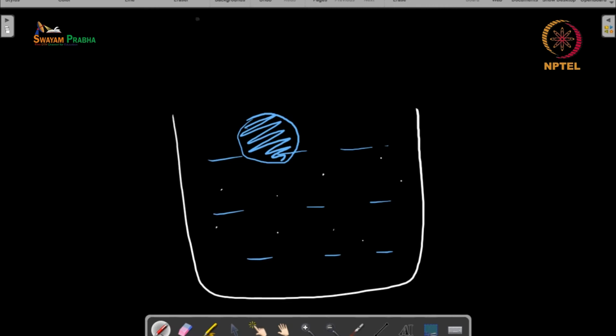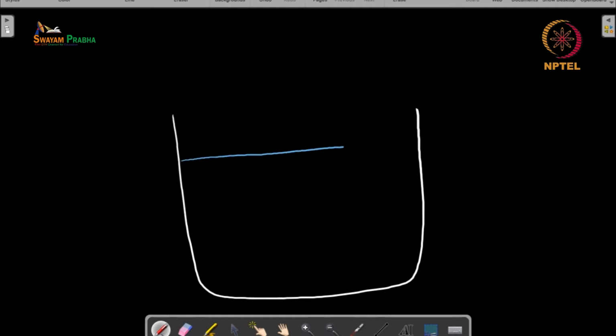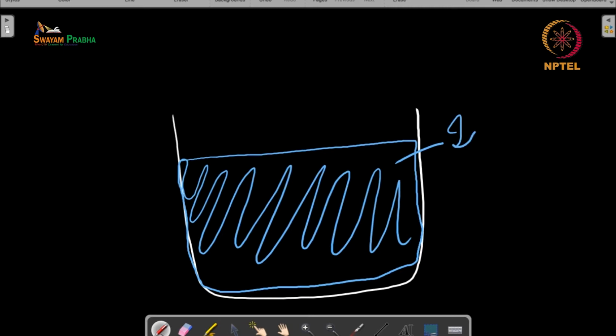Now with time you will have a situation in which the majority of this tumbler will be filled with ice. So in this case, all of this is ice. And we will be left with this portion, which is a highly concentrated salt solution.